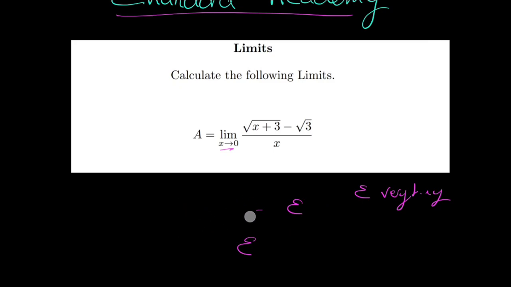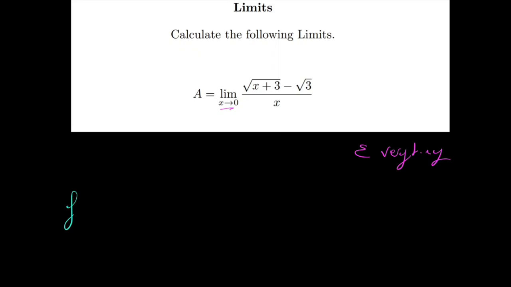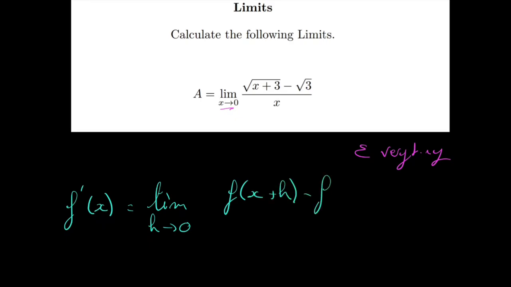And if we want to remind ourselves a little bit of the formula of the derivative of some function f, it is equal to the limit when, let's say, h tends to 0 of f of x plus h minus f of x over this h.